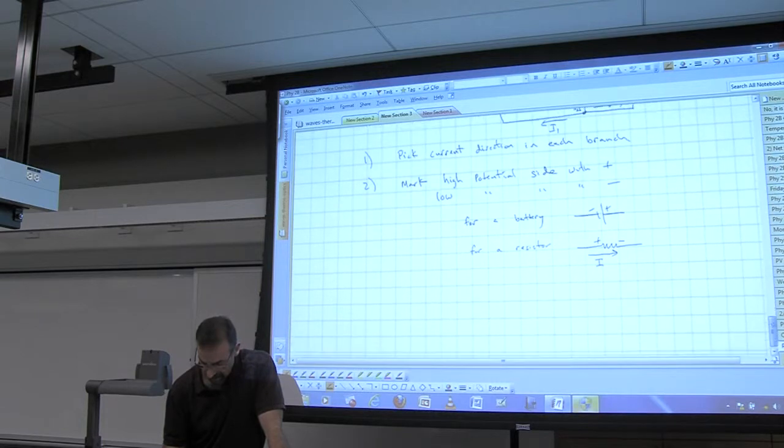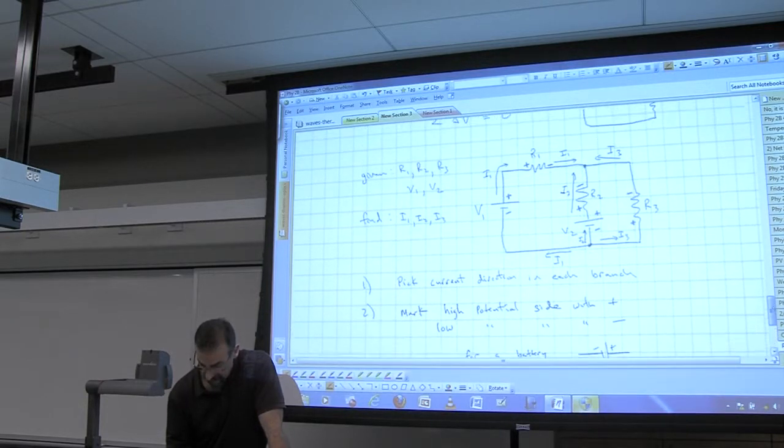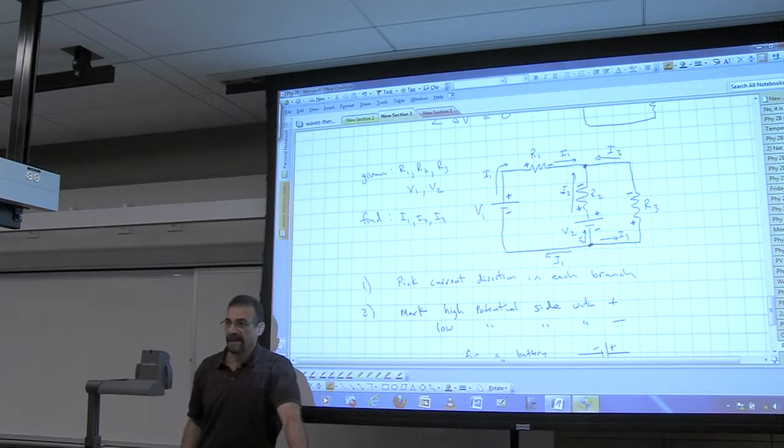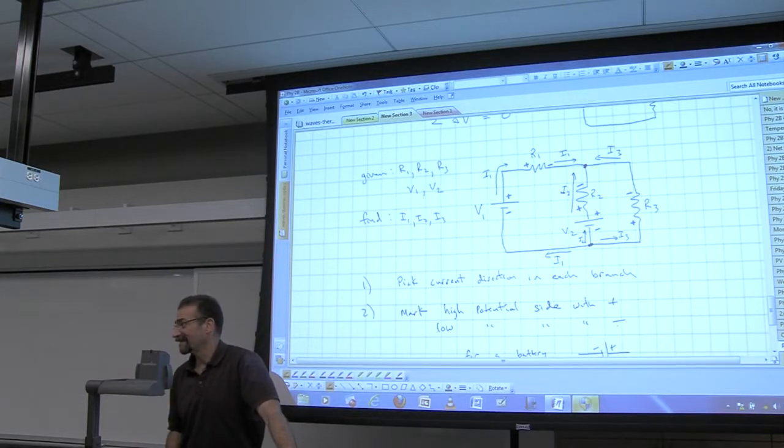All right, so now we have to apply the junction rule. So we pick a junction, the one at the bottom or the one at the top. Does it matter? Let's do them both and see what happens.